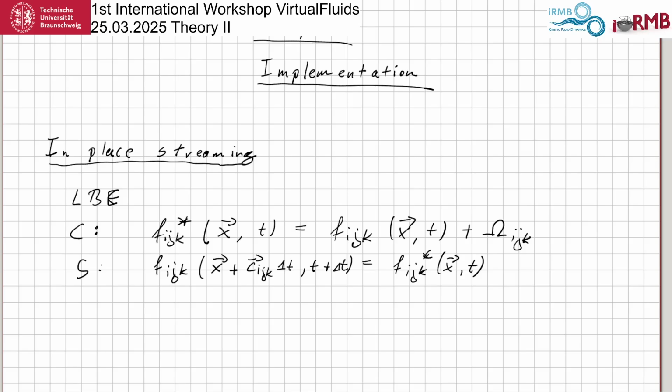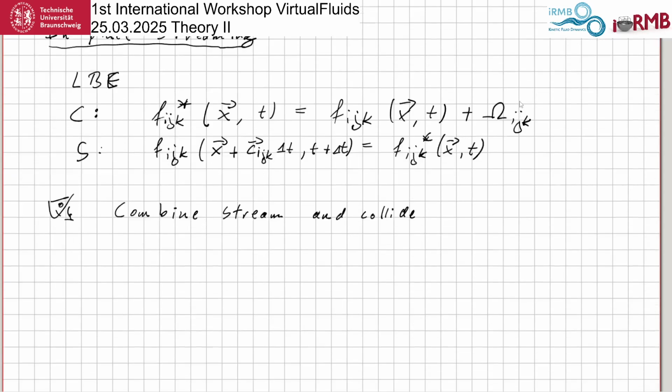What you should always do, even if you use different Lattice-Boltzmann codes, is combine streaming and collision: stream and collide. There are two regular ways of doing this. There's what we call the push scheme, where we write to the neighbor.